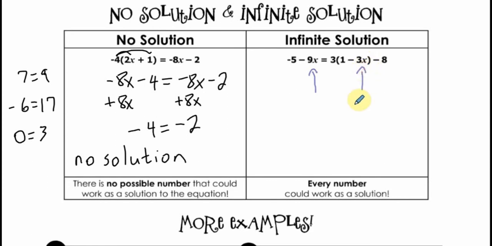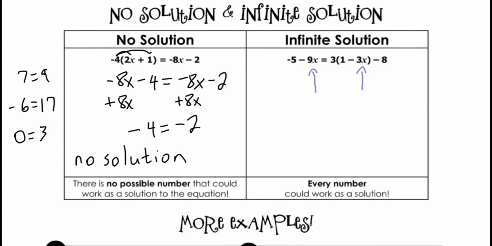Put it in the place of x. Simplify the left side. Get your number. Simplify the right side. You'll get the same number. The two sides will be equal. Infinite means you pick whatever number you want. You can choose any number in the world as long as you put the same number for this x as this x. The two sides will be equal to each other.